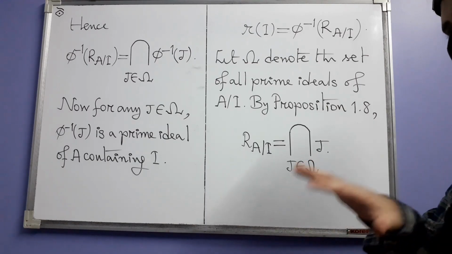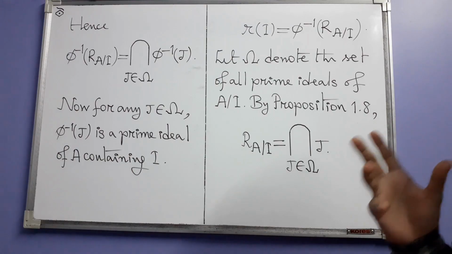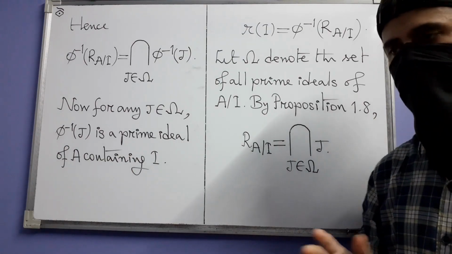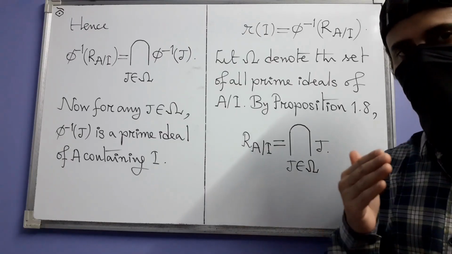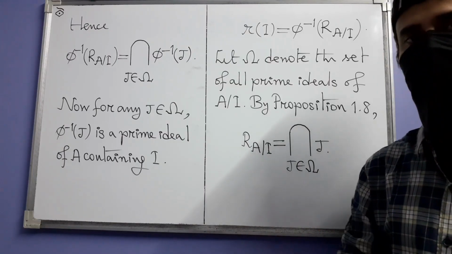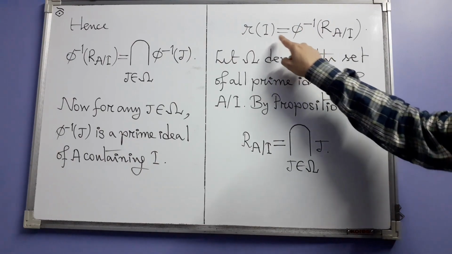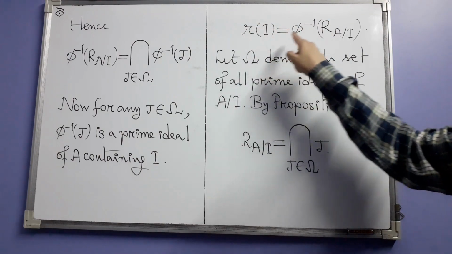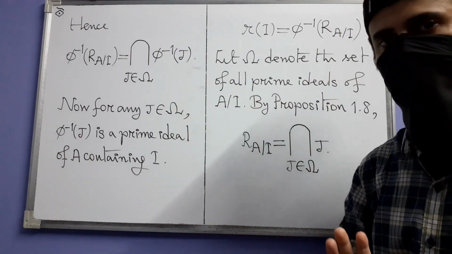So where are we now with all these things? What is our actual thing that we want to prove? We want to prove that the radical of I equals the intersection of all prime ideals of A containing I. Because of this equation, we see that instead of considering the radical, we can work with this, which is what we are doing.